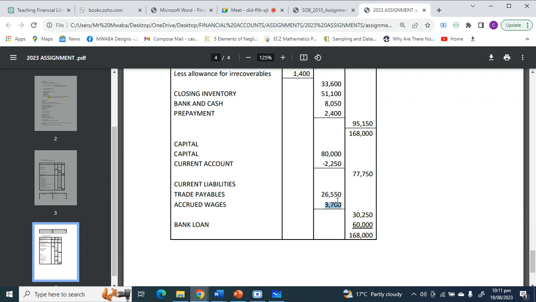You add 26,550 plus 3,700, 30,250 total current liabilities. Our non-current liability, this bank loan here, 60,000.